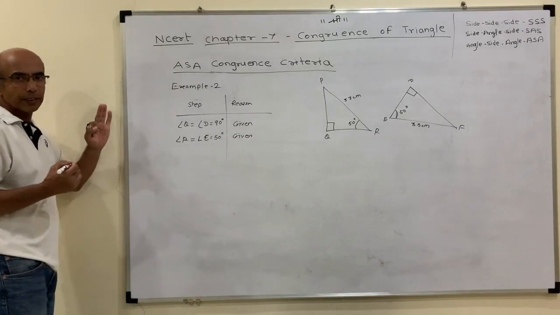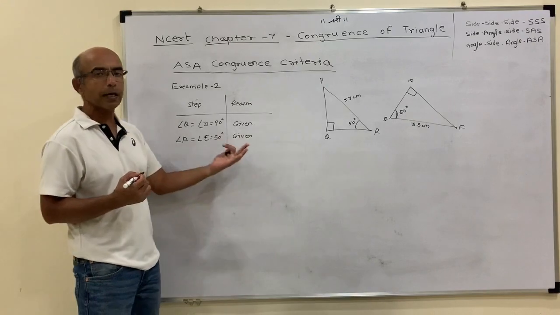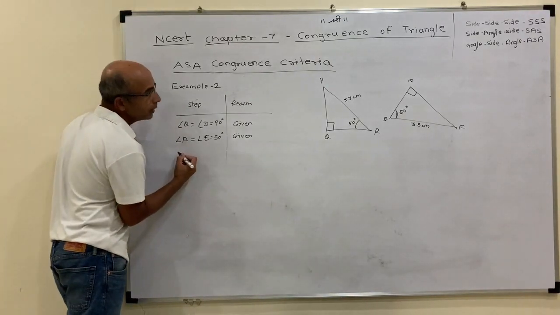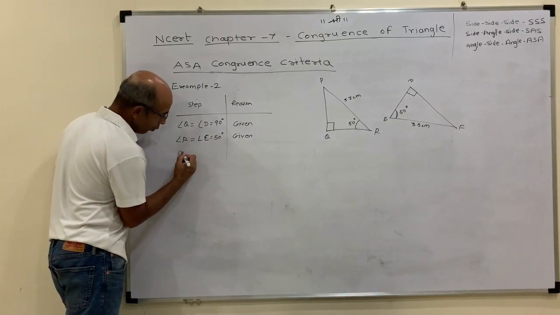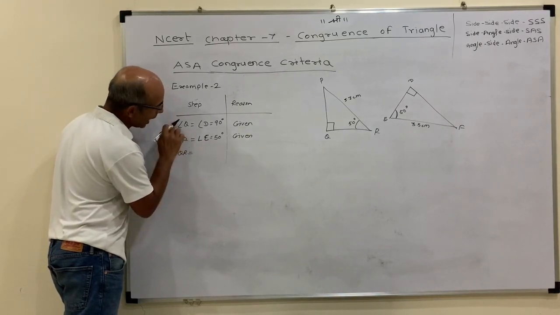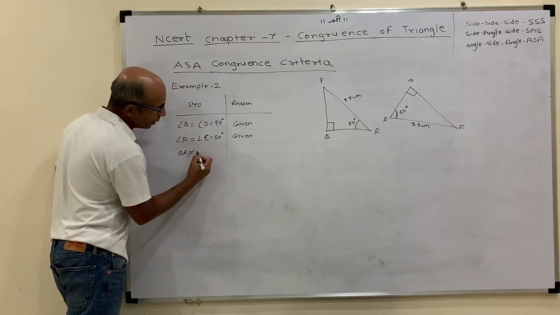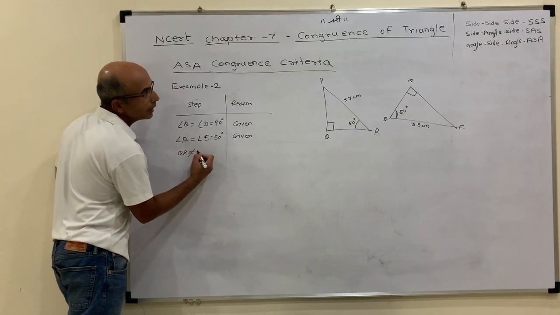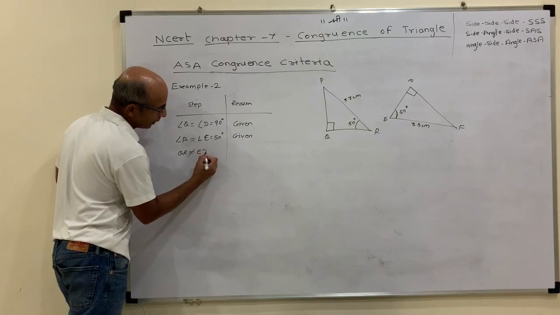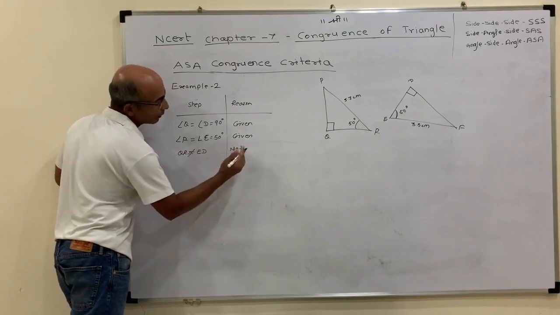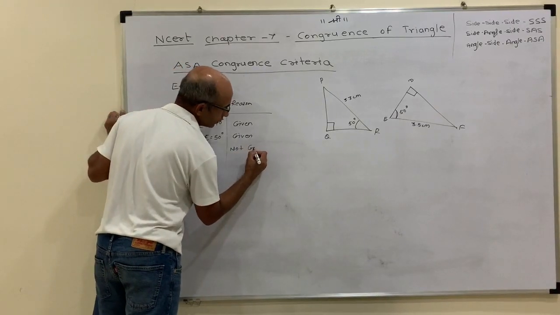So three things we need to prove whether two triangles are congruent or not. Now one thing we are looking at: here QR, which is the side between these two angles, is not equal to DE. So this is not equal, so it's not given to us.